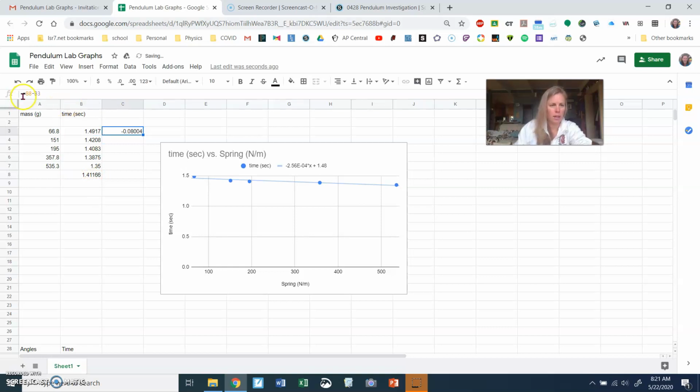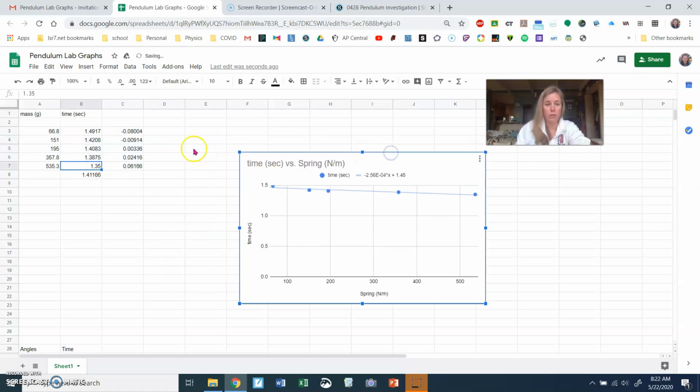Now I'm going to edit it because I need it to stay the same for all my cells. And then I'm going to copy it. It's going to take the average minus these cells over here. Those differences are really small, but we're going to look at percent difference.